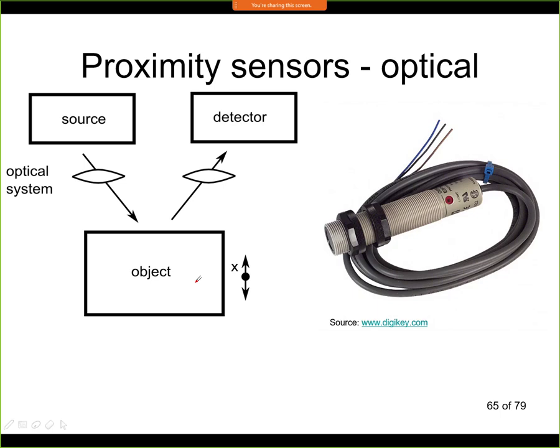On the other hand, it will not work properly with transparent materials. Now what you see here is a sensor that is based on reflection from the object. So if the reflection from the object will be different, I may not be able to detect the object. So optical sensors are typically specified for a given color of the object.